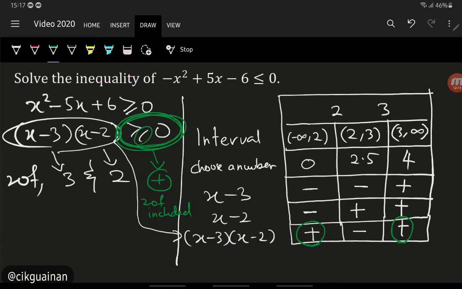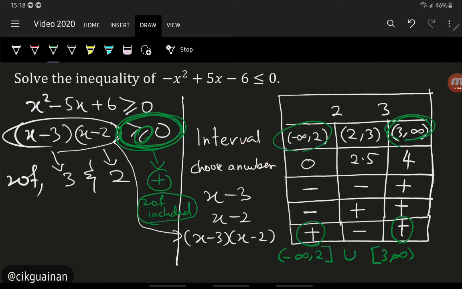So the answer is minus infinity to 2. Remember, we set the ZOF as included because we have the equal sign, so it's a square bracket. For this one, it is 3 to infinity. Initially it's an open bracket from the table, but since we already decided the ZOF is included, we have to put a square bracket. And then the union between them.